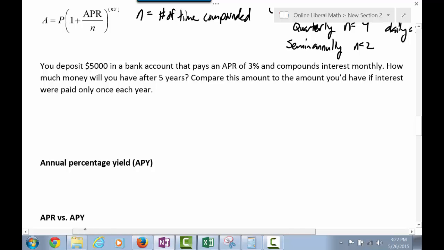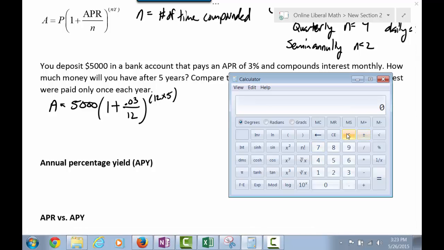Okay, so we're going to set up our formula here. The amount at the end of 5 years would be 5,000 times 1 plus our APR, 0.03 divided by 12, raised to the 12 times 5 power. I'll use the calculator to help do that.